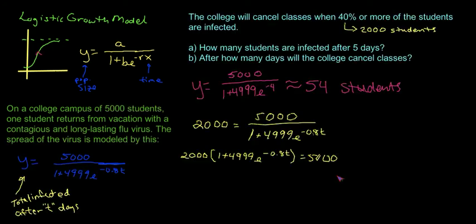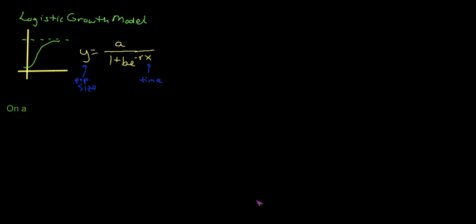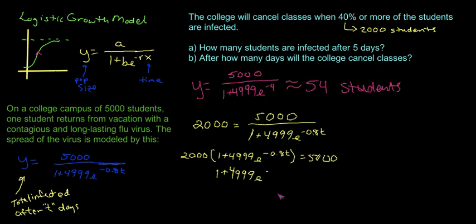Now I can divide both sides by 2,000. So this is going to disappear on the left side, and I'm going to be left with 1 plus 4,999e raised to the negative 0.8 times t. And again, 5,000 divided by 2,000 is 2.5.